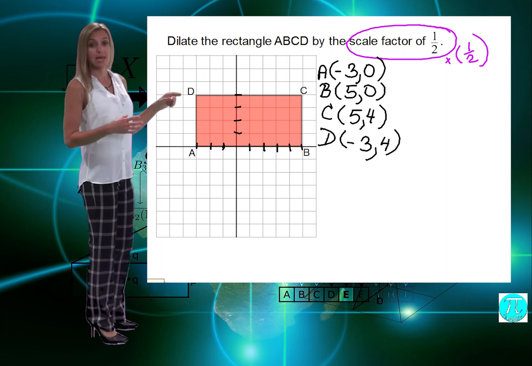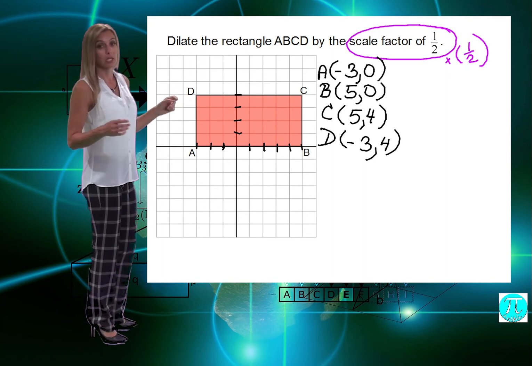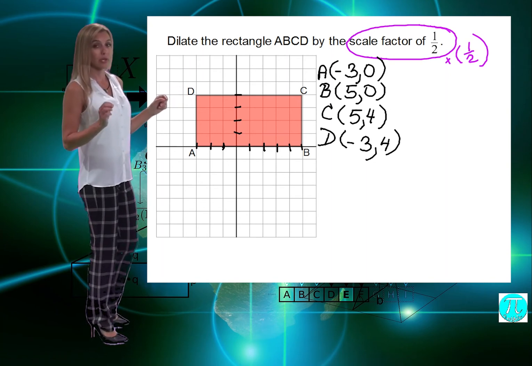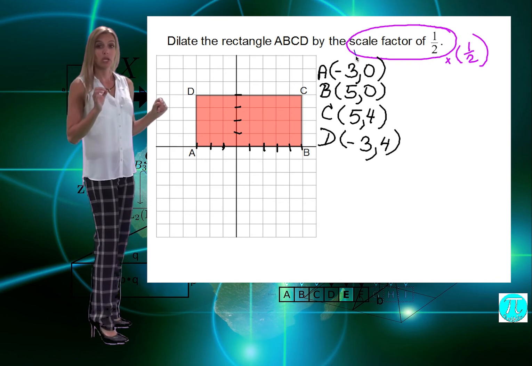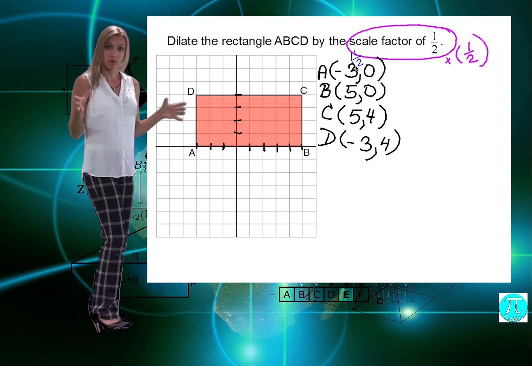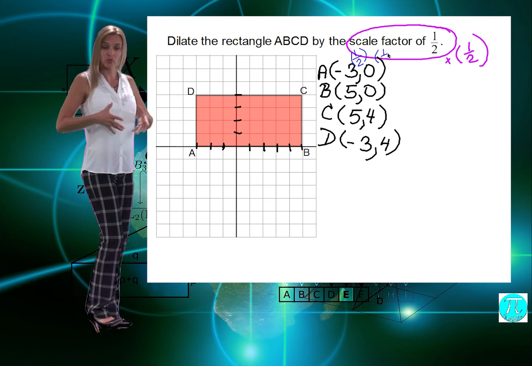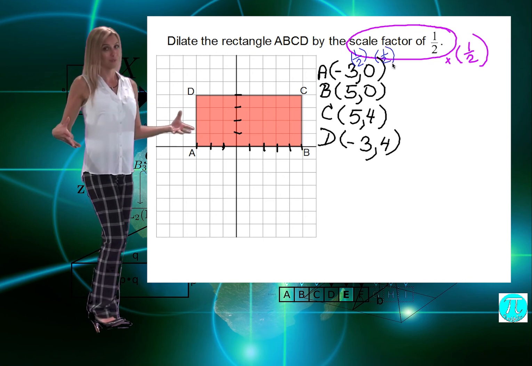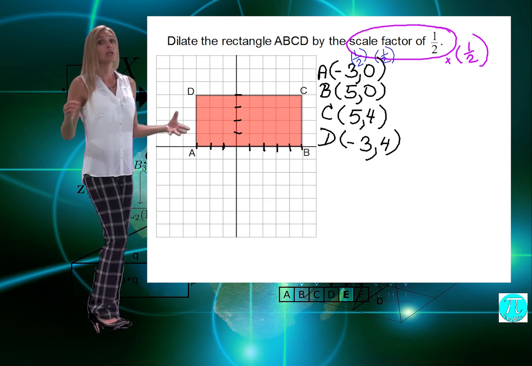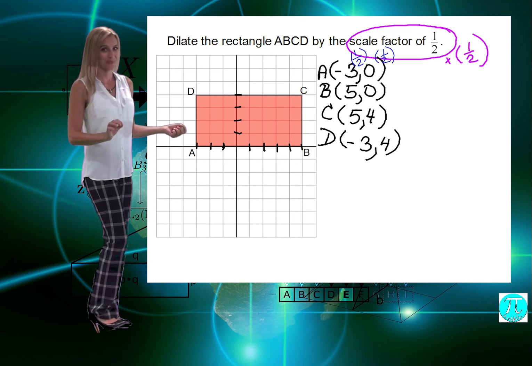That is our scale factor. And again, I would like you to think about whether we are going to shrink this image or enlarge this image. Keep in mind, we're multiplying by 1/2.